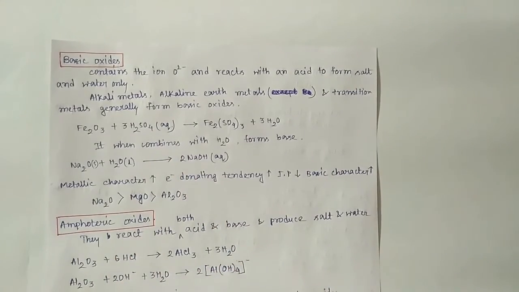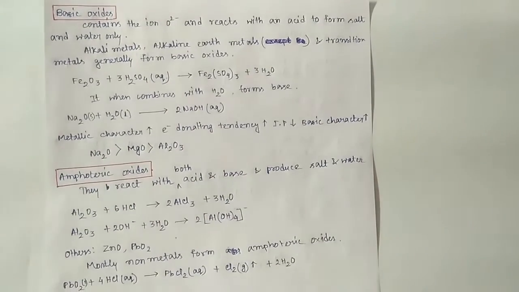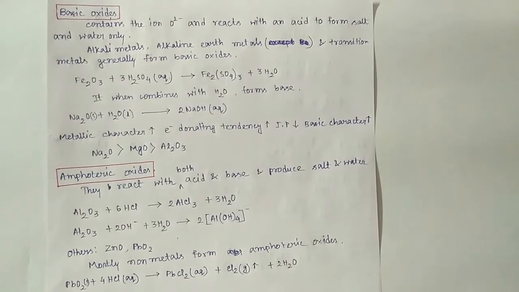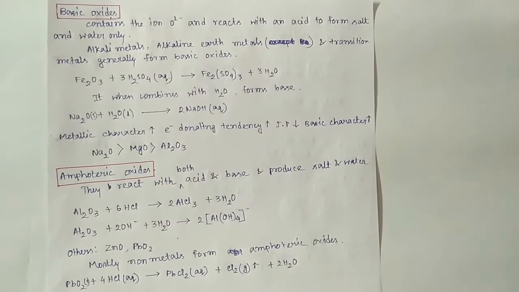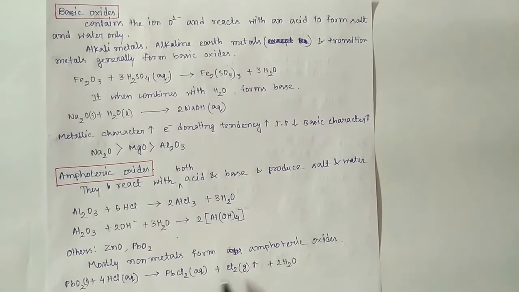Another product cannot be produced here. But here you can see PbO2 is a metallic oxide, but when it reacts with an acid, it produces a salt, PbCl2, lead chloride, 2H2O, salt and water. But here chlorine gas is also produced. It is a metallic oxide, but it's not a basic oxide, as it is producing Cl2, chlorine gas.